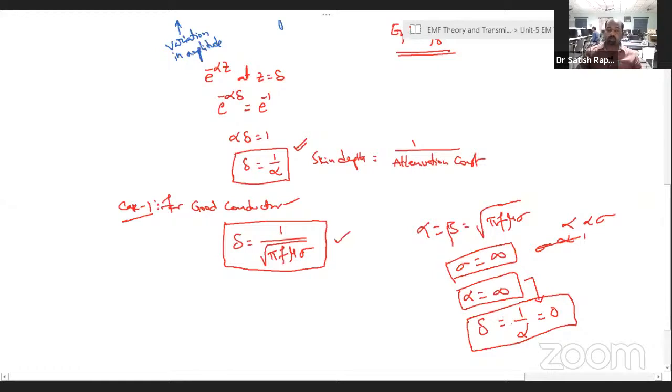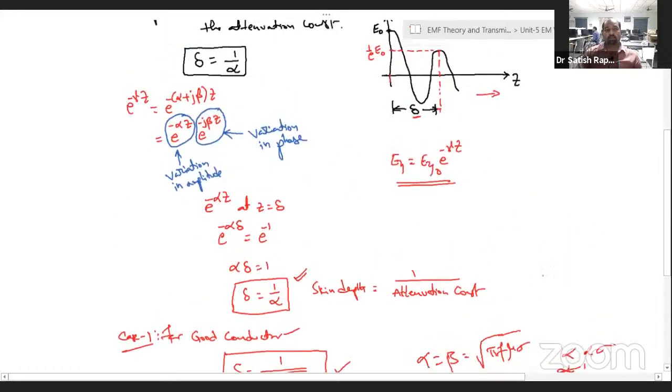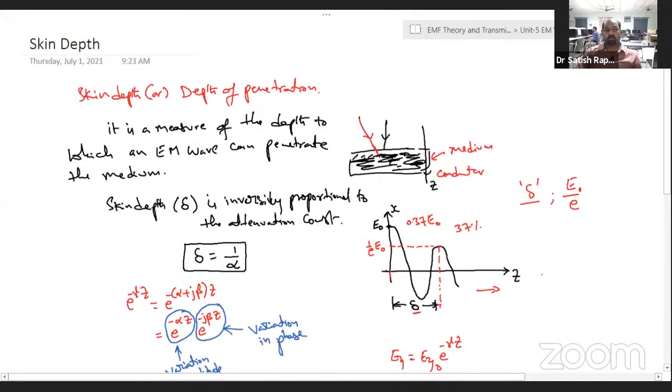Skin depth is zero in the sense that the wave does not penetrate into the conducting media.